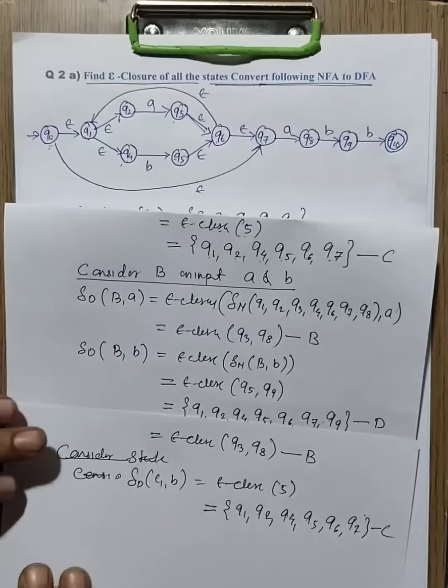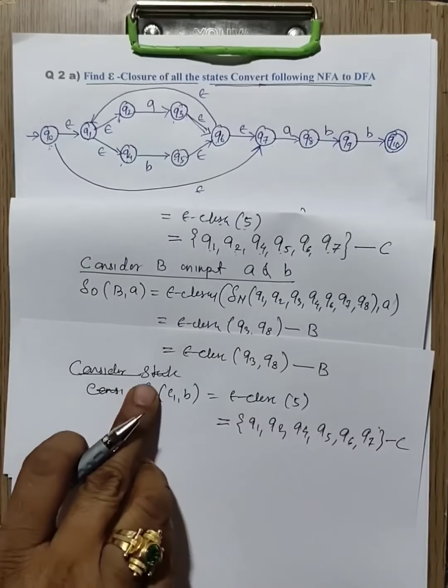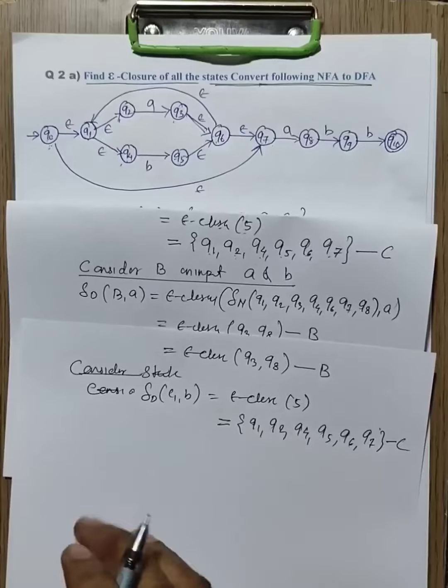Now this is C. C on A is B, C on B is C.